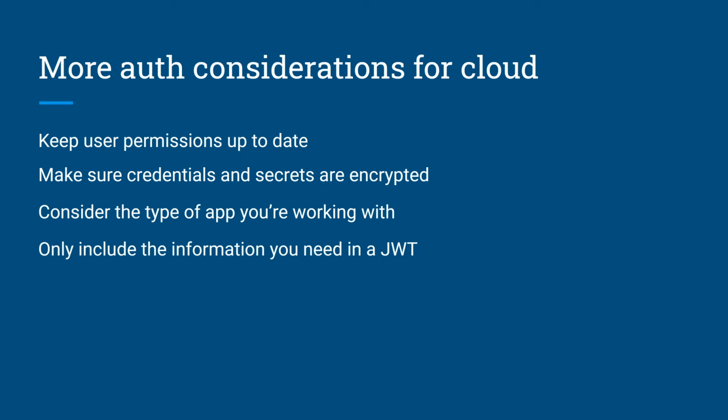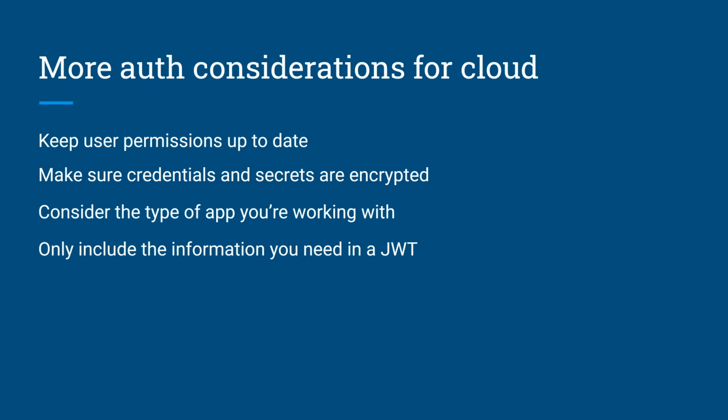And something else, especially for the cloud and web apps, is make sure that when you make these JWTs, you aren't adding unnecessary information. So if your API response has changed or the request parameters have changed, make sure that whatever is in that token is the bare minimum of what's needed to access that cloud resource.